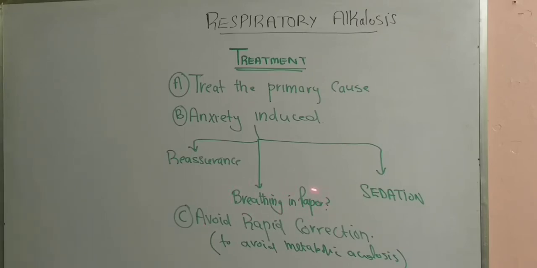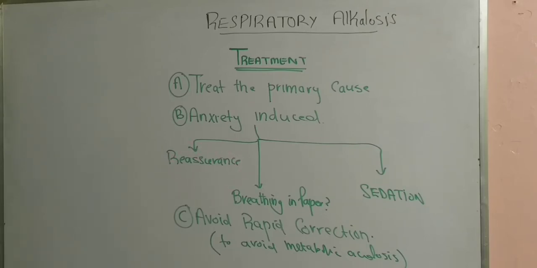So this has got a question mark, whether we should apply this formula on a patient of respiratory alkalosis who is very anxious. The better option is to avoid this, but it is so often done in the emergency department nowadays. In any patient who is anxious and has developed respiratory alkalosis, and you think the patient is now confused, irritable, and altered in sensorium, you need to reassure the patient.